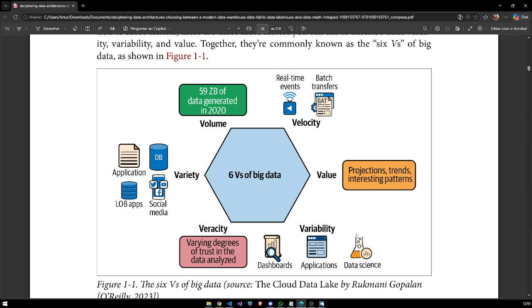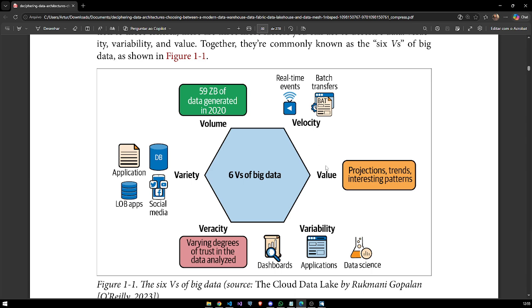This value is extracted from the veracity. We have the volume of this data and the velocity. We also have defined whether you want to process it as a batch transfer or a real-time event in streaming.